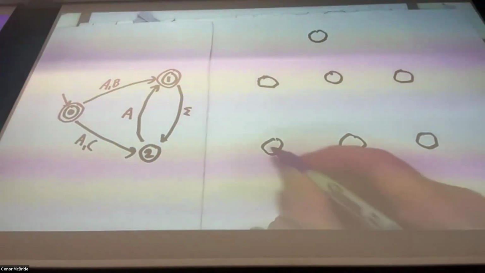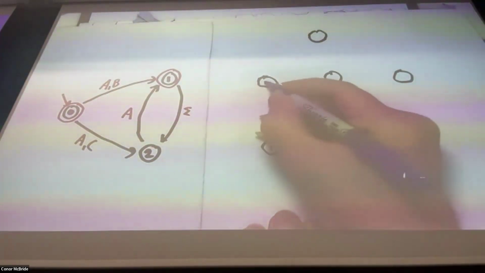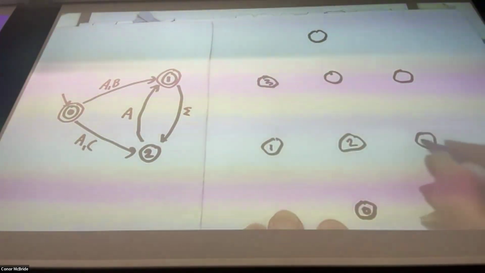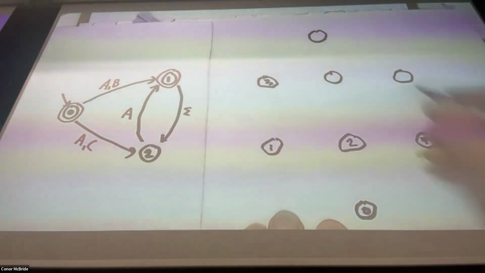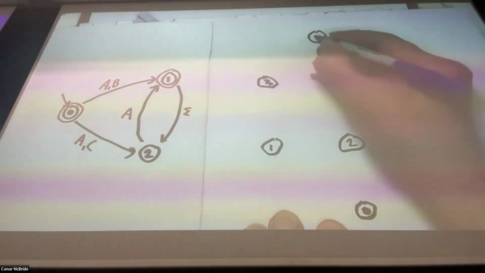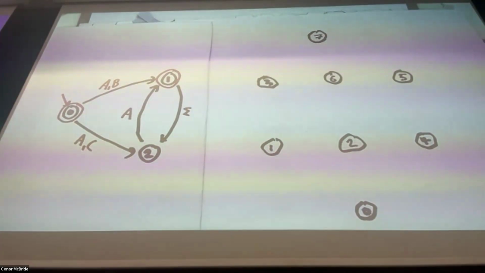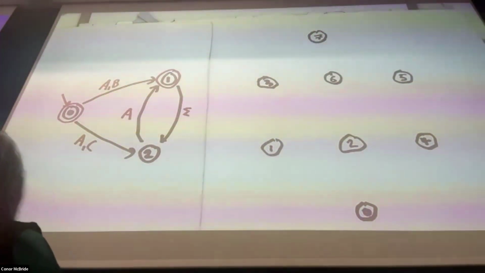0, 1, 2, 3, 4, 5, 6, 7. What could possibly be going on?